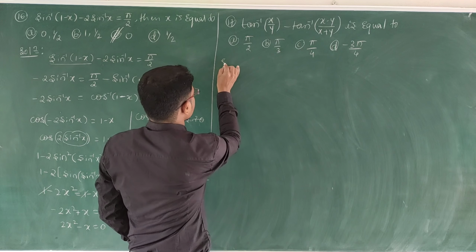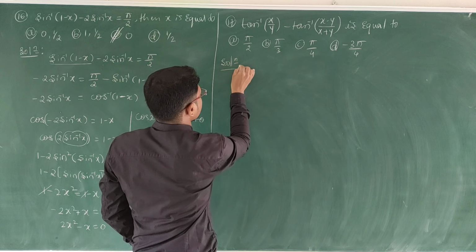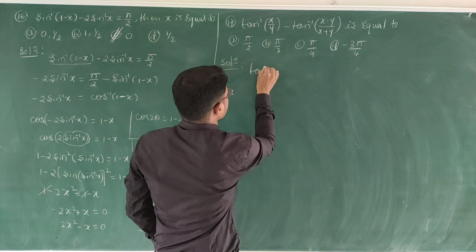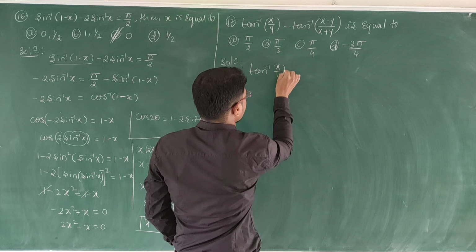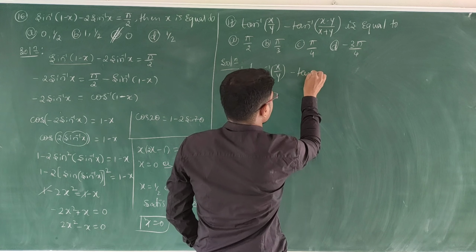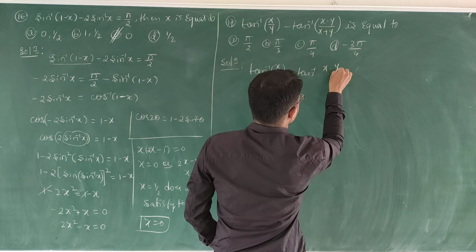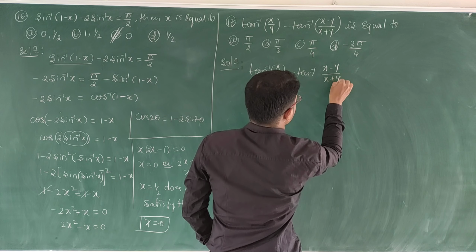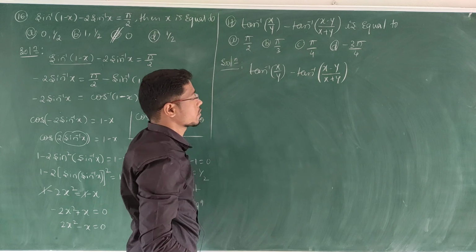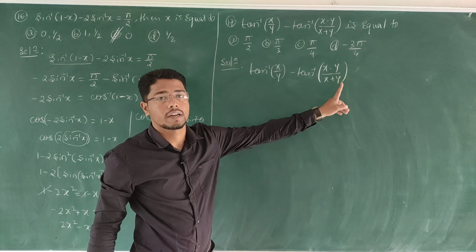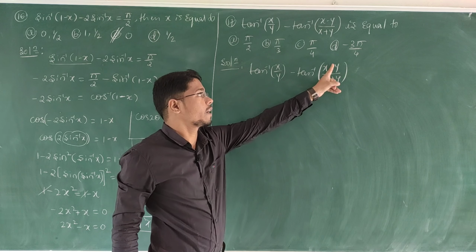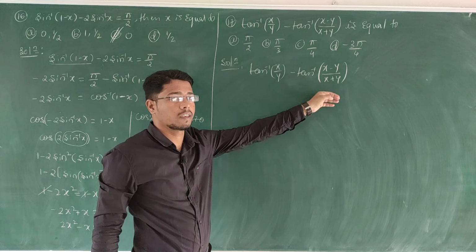See the next question, the 17th one, this is also of multiple choice type. First solve, then tick the right one: tan inverse of x by y minus tan inverse of x minus y divided by x plus y. In the second tan inverse, divide numerator and denominator by y.